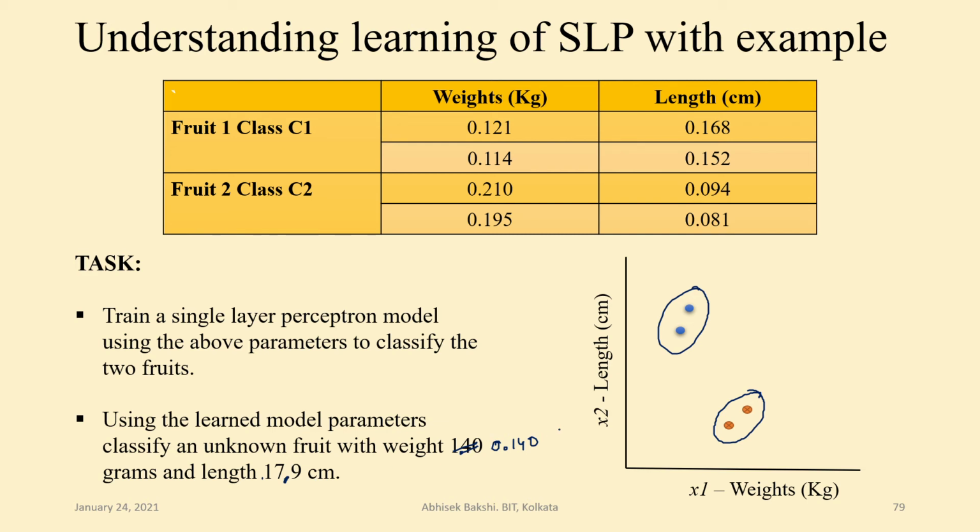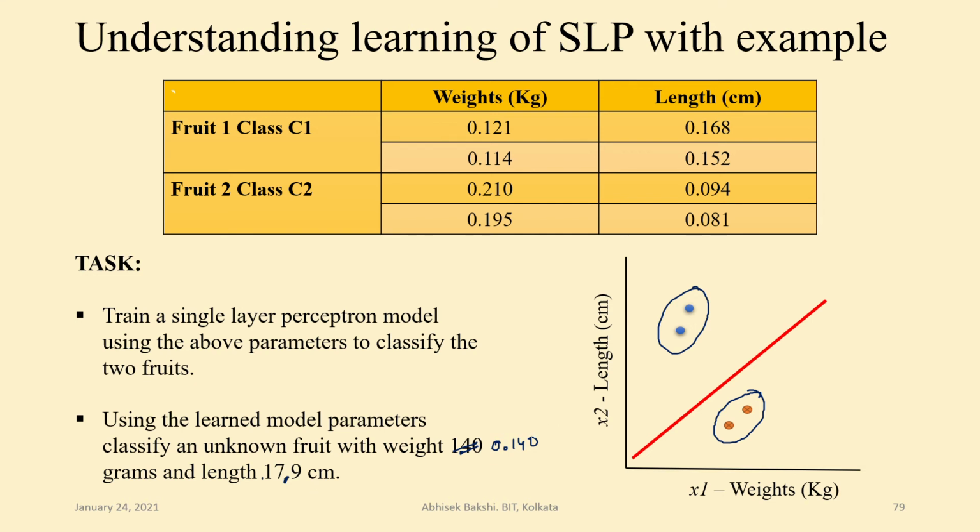From this graph one thing is very clear: I can easily draw a linearly separable pattern, I mean a line that can differentiate these 2 points, and ultimately my goal is to find out in which class this new fruit belongs. I don't know the class of this fruit having weight 0.14 and length 0.179.